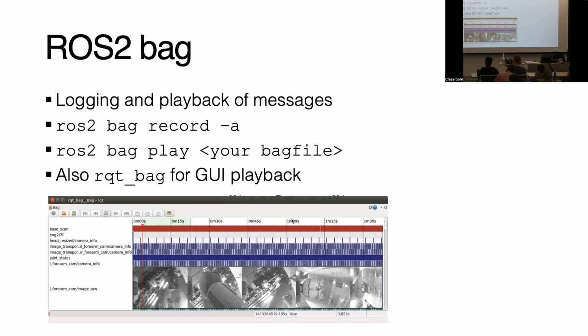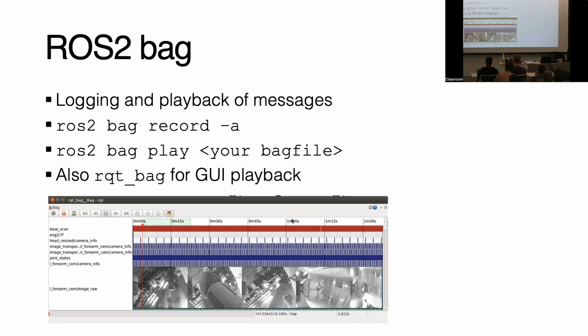Then I can play back everything that happened and it will resend those messages when they were originally sent, which is great for debugging and doing simulation and working offline. So you're able to take your stuff home, record a bag of all the messages. You don't even need to be near the robot, and then you can develop using a log file.